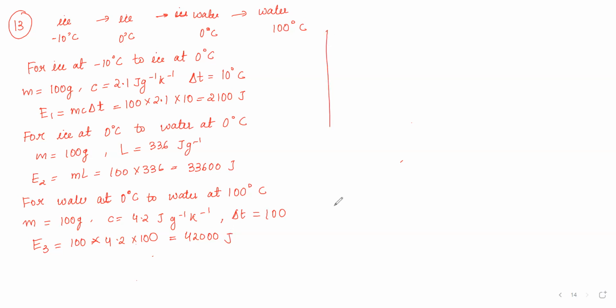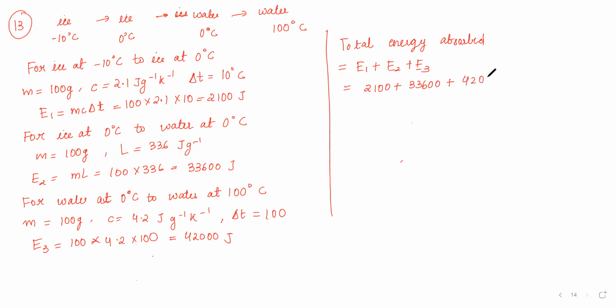So what you will be writing? Total energy that is absorbed will be equal to E1 plus E2 plus E3. So this is equal to 2100 plus 33600 plus 42,000.